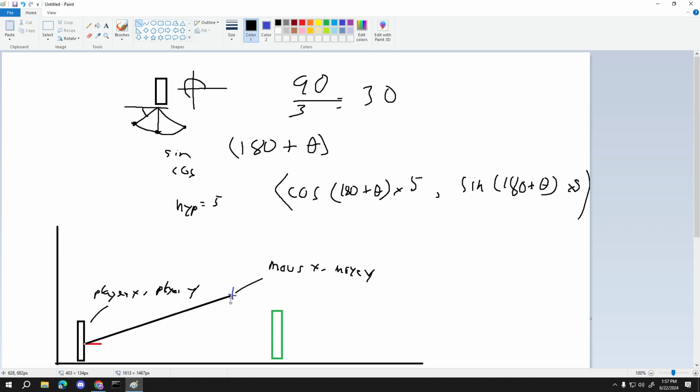But you should be able to get this triangle right here. And then we have that angle right here, right?